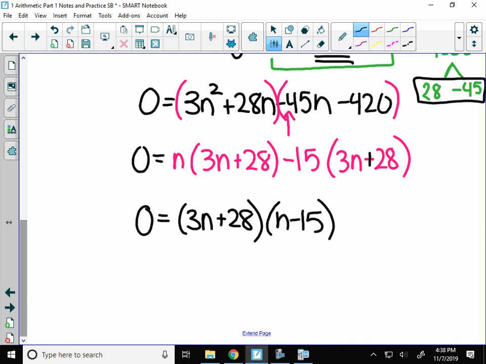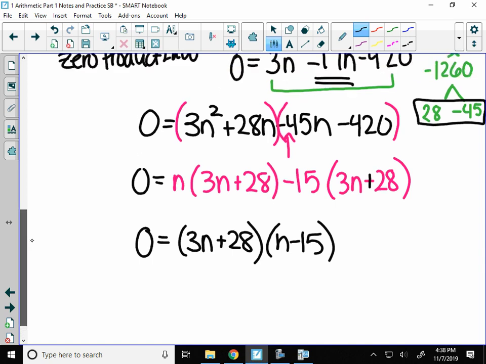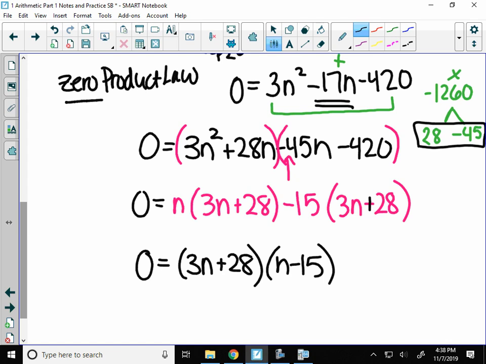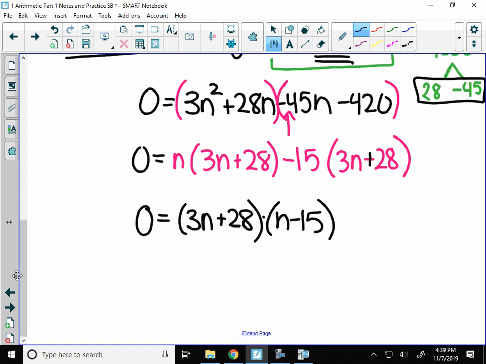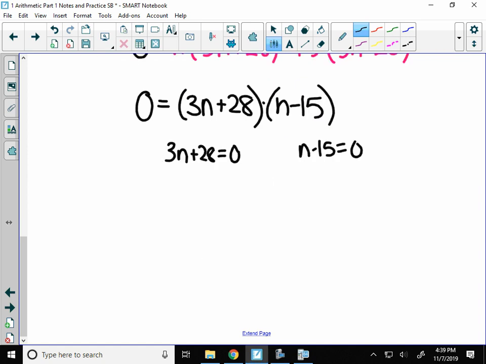Now that's factored form. How do I find what n equals? Well, that zero product law I referenced up here says that if I have two things multiplied together that equals 0, one or both of them have to equal 0. So what I can actually do with each of these is set each factor equal to 0 and solve each little mini equation for n.